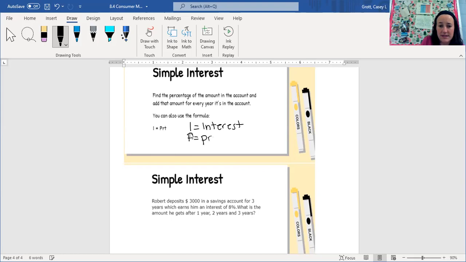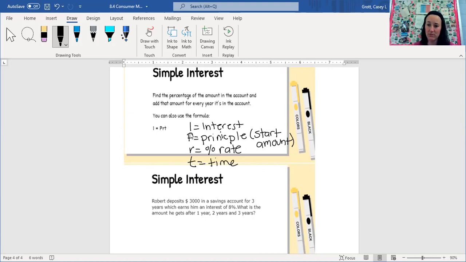P stands for principal, which is, what do you start with? How much money do you currently have in your account? R is going to be the percent rate. And T is going to be how much time the money has been in the account.